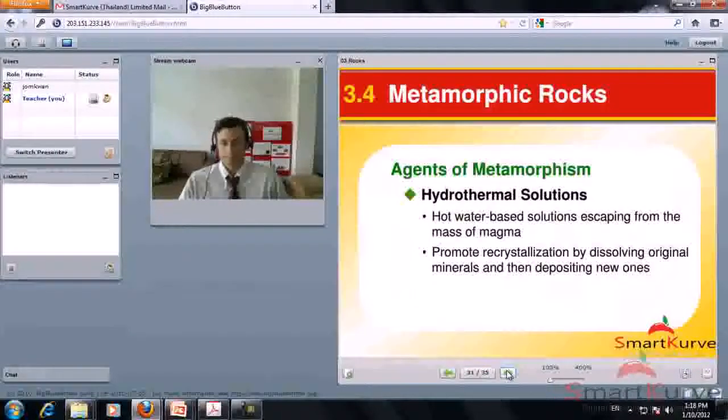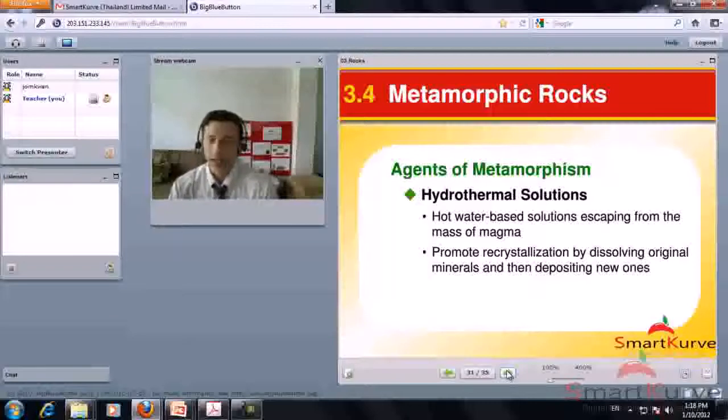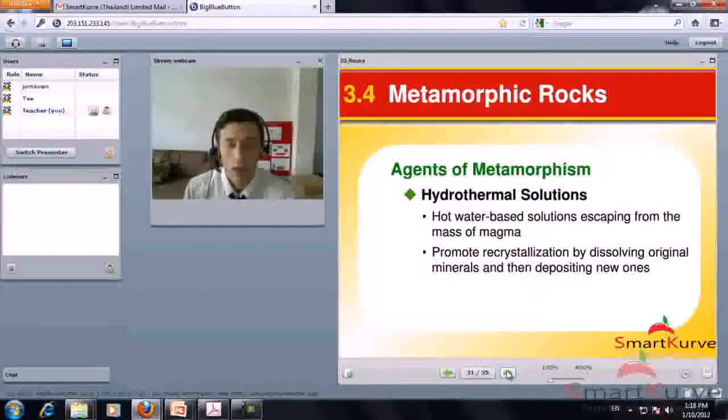Alright, let's move on. Let's continue. More agents of metamorphism. Hydrothermal solutions. Hydrothermal simply means, hydro means water. Thermal means heat energy. So with hydrothermal, we're talking about hot water.